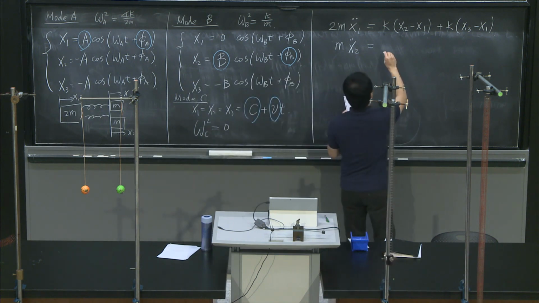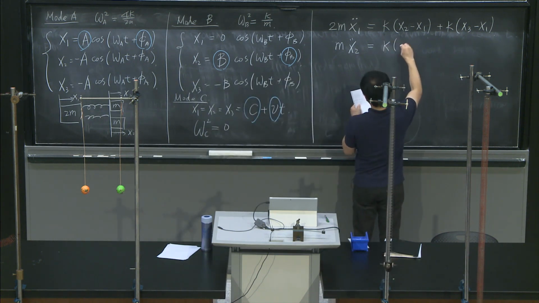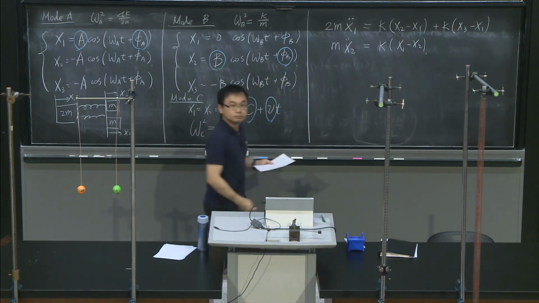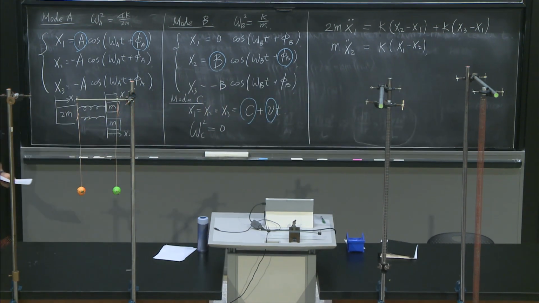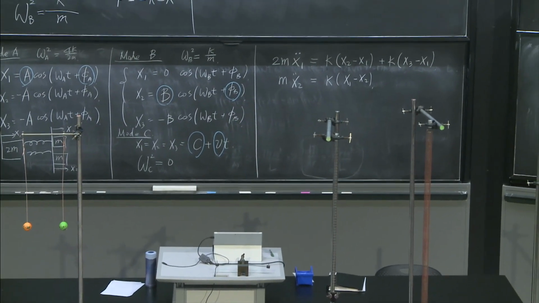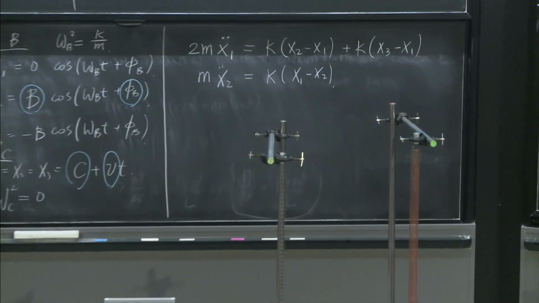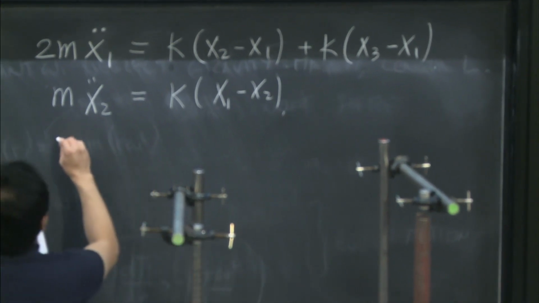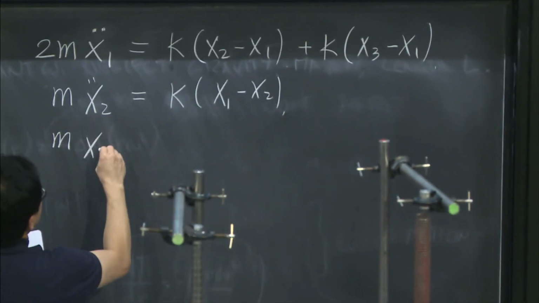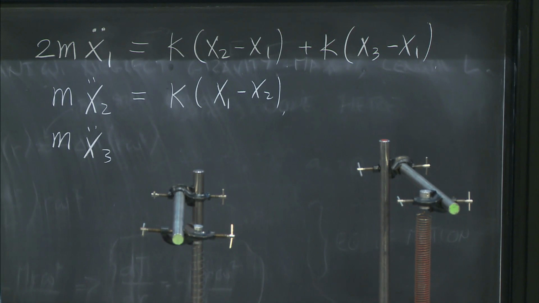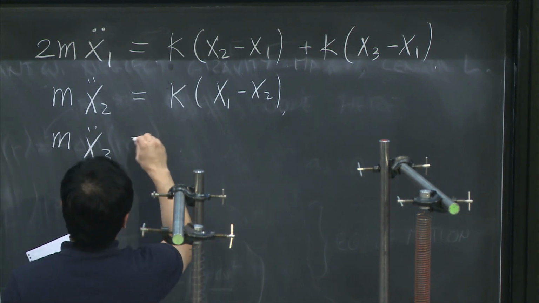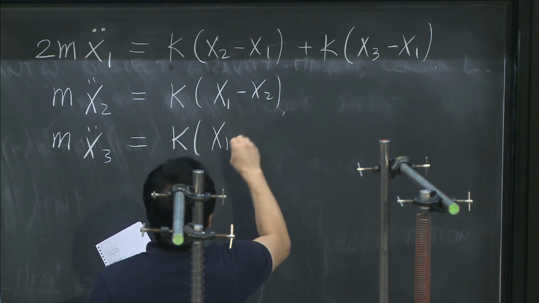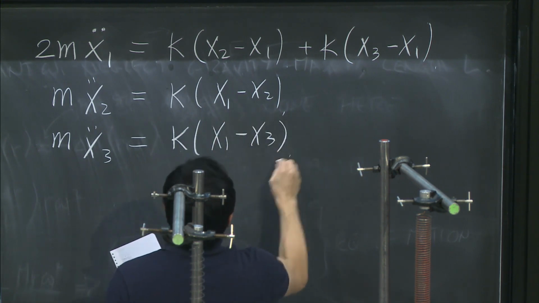Therefore, what I'm going to get is k(x1 minus x2). Okay, everybody is following? You can check the sign carefully also. And finally, I have the third mass, very similar to mass number 2. I can write down the equation of motion, which is k(x1 minus x3), right?